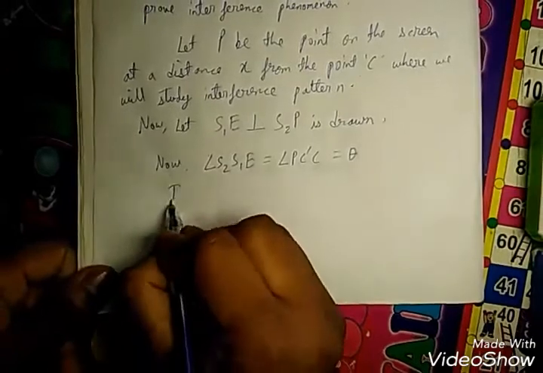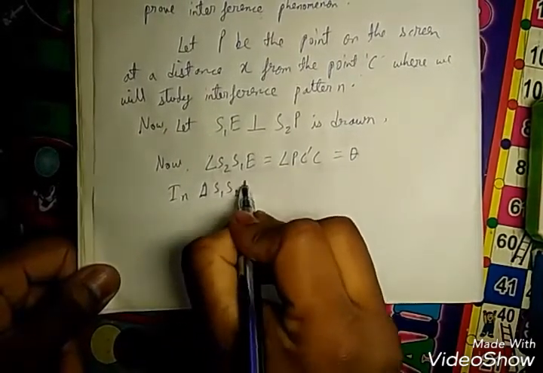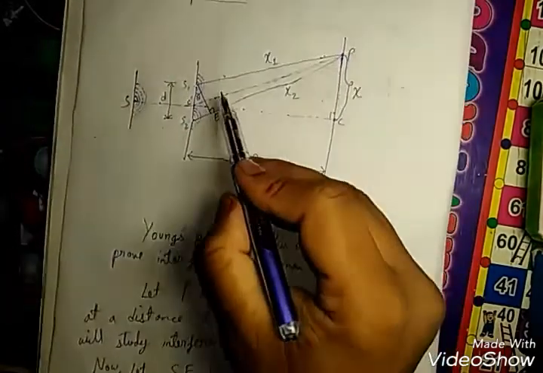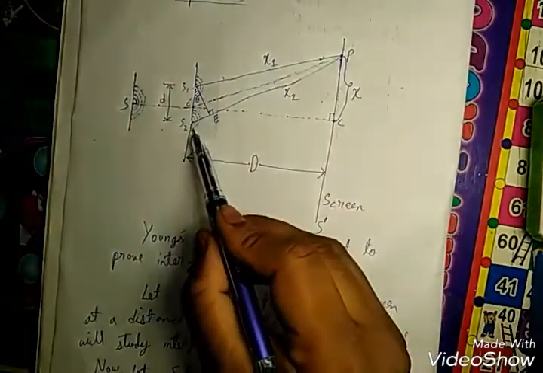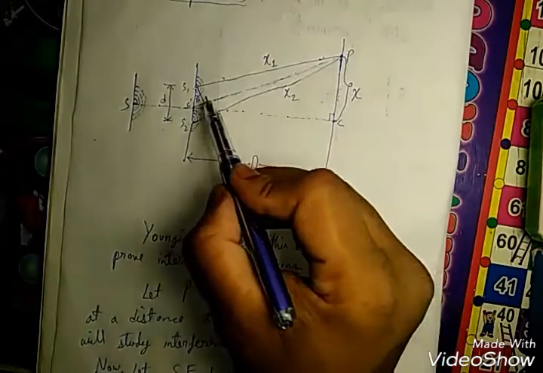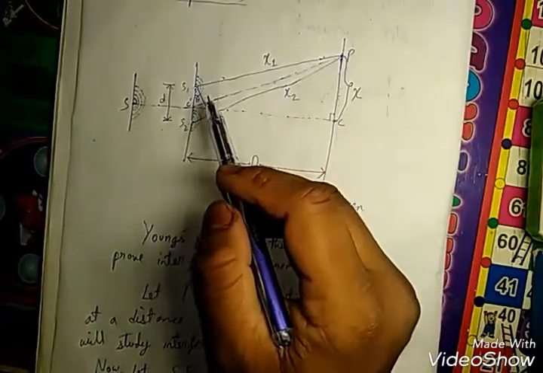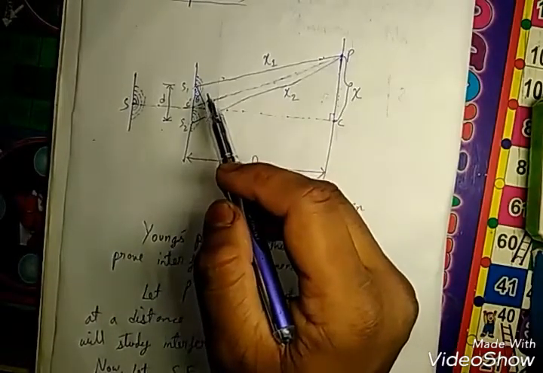Now in triangle S1S2E we get sin theta, whose formula is sin theta equal to perpendicular by base.